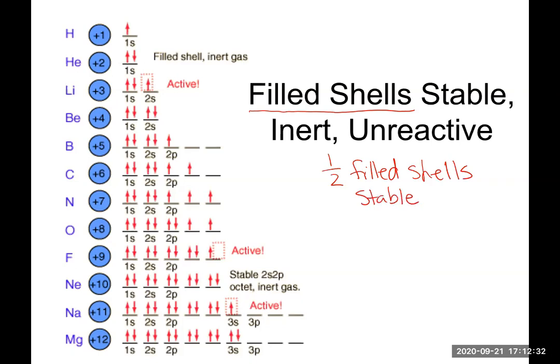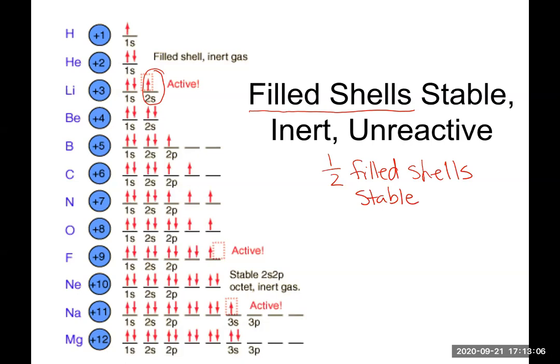So if an elemental atom can't get the electrons that it wants, then it can strive to have these outer filled shells or half-filled shells to gain some sort of stability that's associated with those half-filled or filled outer shells. When we look at lithium, for example, because lithium has 1 electron here in the 2s, that means that lithium is going to be really reactive.